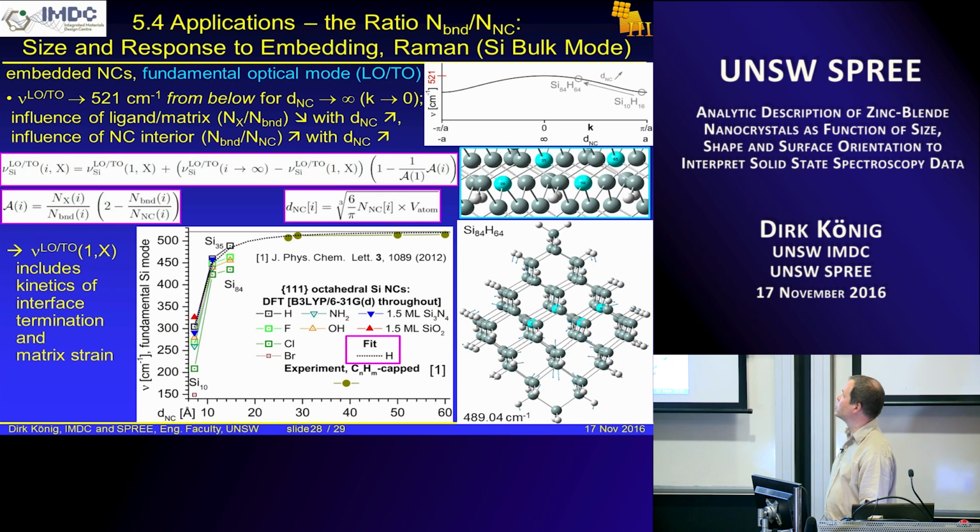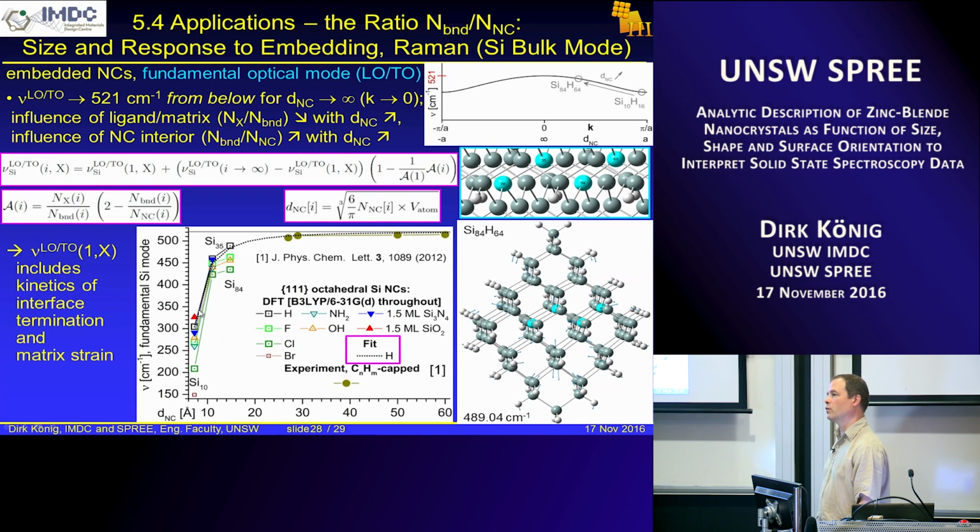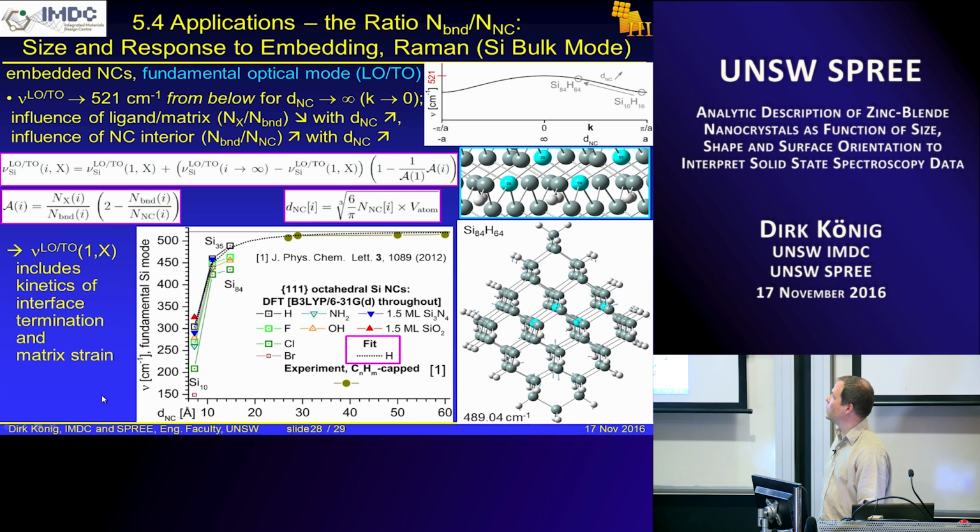It's a bit bigger, but not much. You can see quite nicely that the fit describes the Raman wave number as a function of nanocrystal size quite well. So this could be quite useful to look at nanocrystals. And that will be important for colloidals, because if you have embedded nanocrystals, as we have seen in experiment, the points are rather scattered, so it's not a good idea to use that for size estimation.